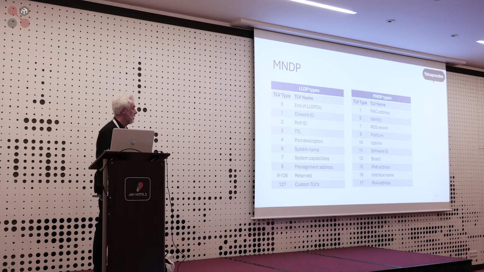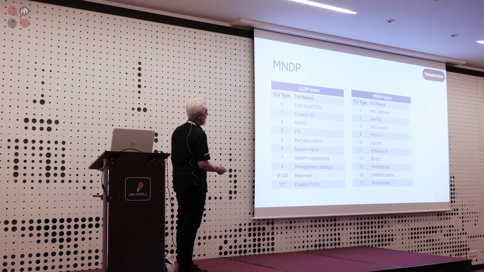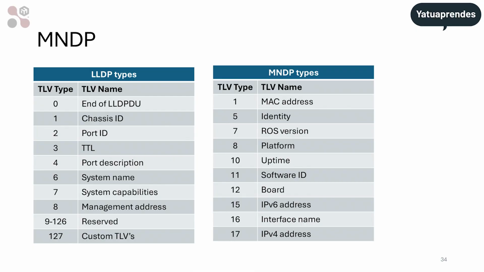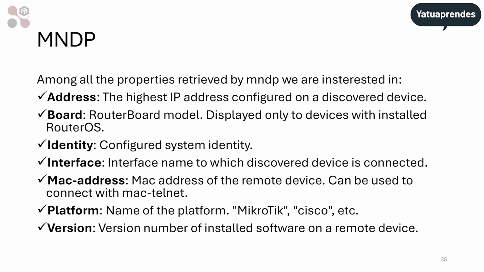Here are some types from LLDP and from MikroTik. We can get here the IP address and the MAC address, which we can read. We need these properties to achieve our configuration.